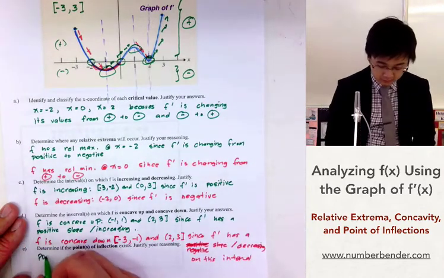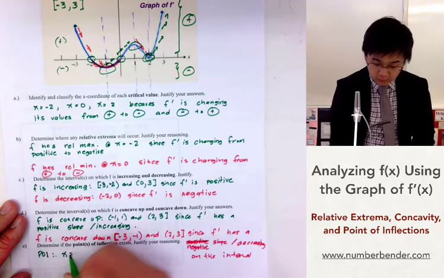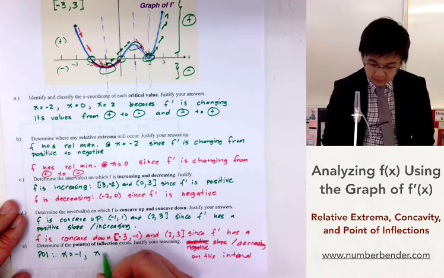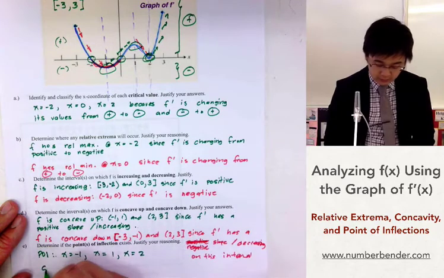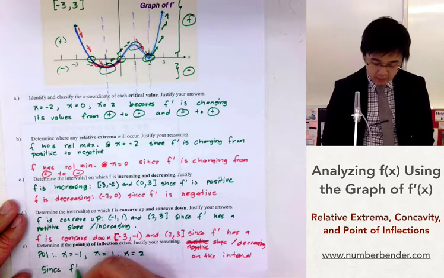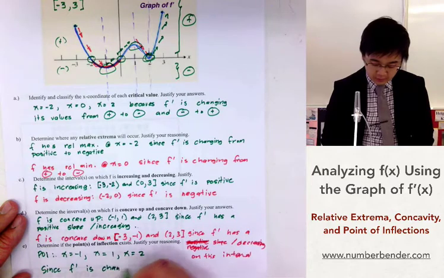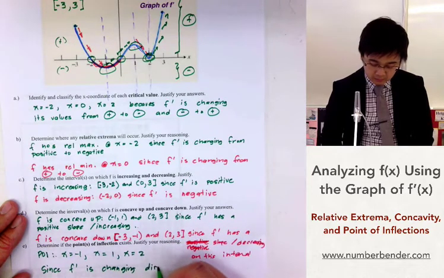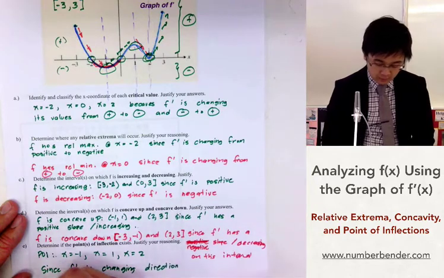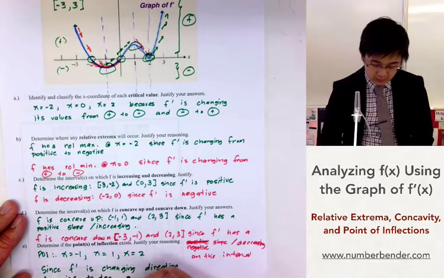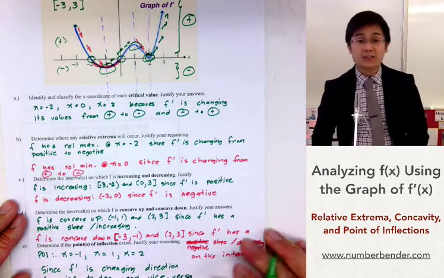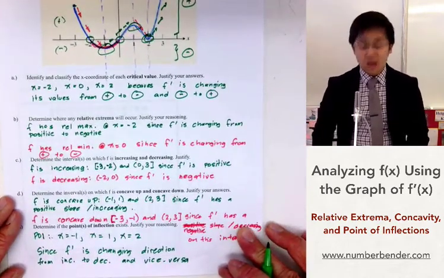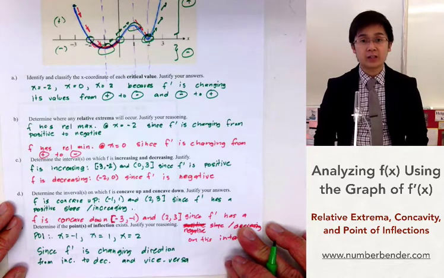So the POI is at x equal to -1, x equal to +1, and x equal to 2, since f prime is changing direction from increasing to decreasing and vice versa. So that is how we analyze our function f given the function f prime of x.